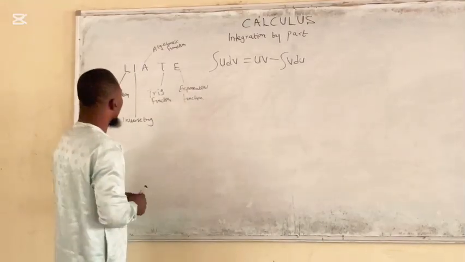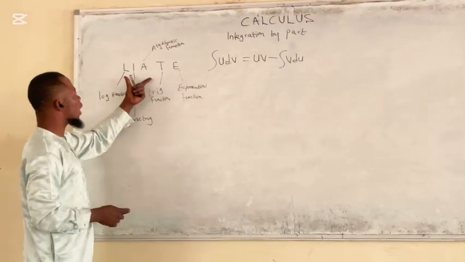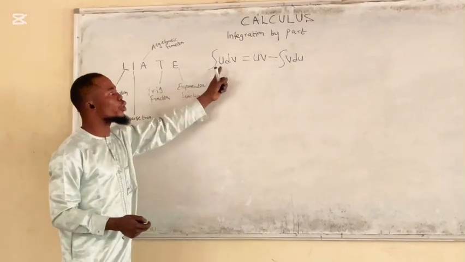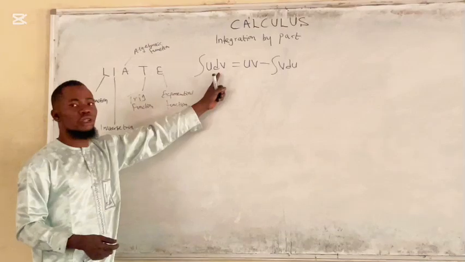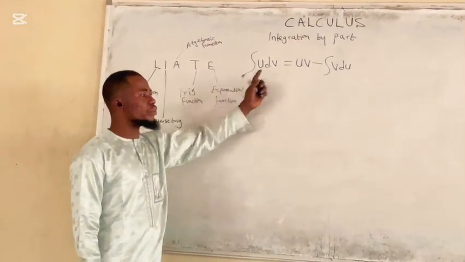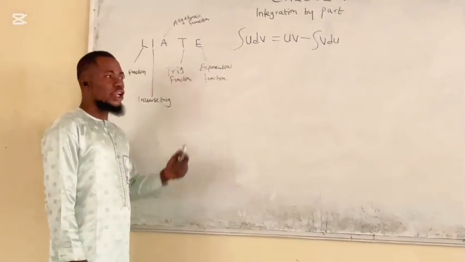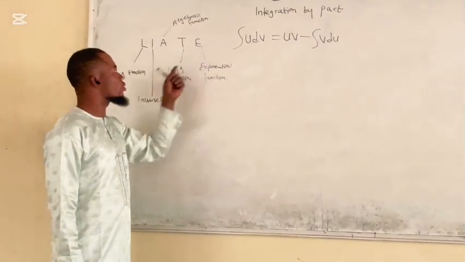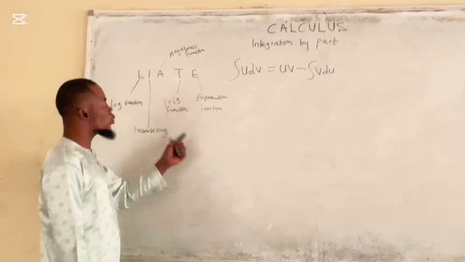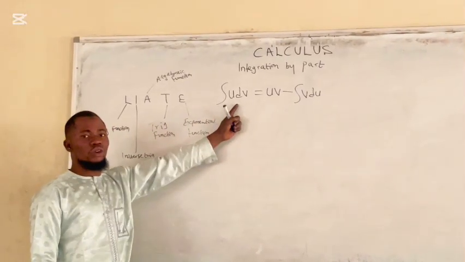So, if you are having two different types of functions, you will use this acronym to know which one will be your u and which function will be your dv. Look at the acronym and the one that comes first is the one you will take as your u, whereas the function that comes last will be your dv.